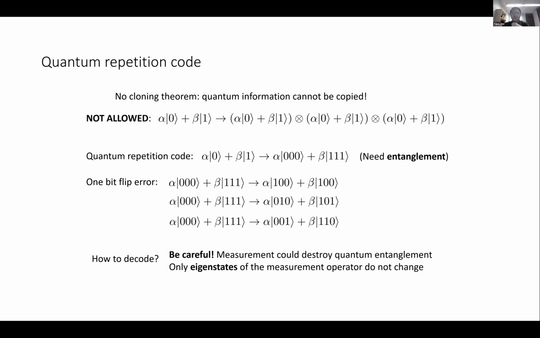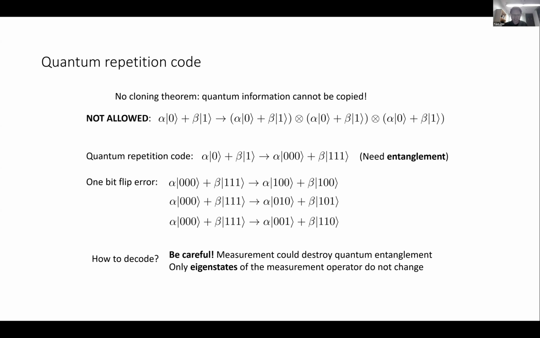So now you have three possibilities of having one bit flip. But then how do you want to decode? You still want to use the majority vote decoder, right? So you want to count whether there are more zeros than ones or more ones than zeros. But you should be careful here that measurement can destroy quantum entanglement. If you just measure sigma z of the first qubit, you will basically destroy the entanglement because you already measured whether Schrödinger's cat is dead or alive.